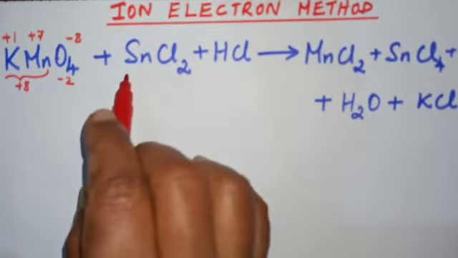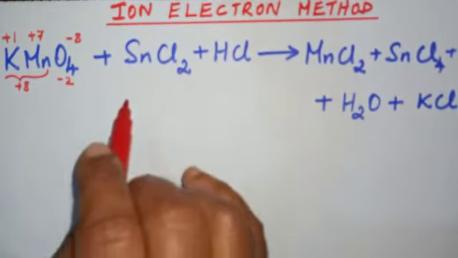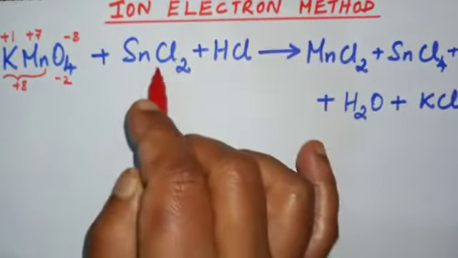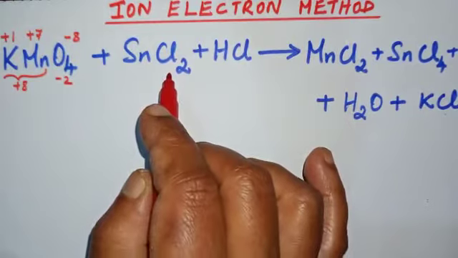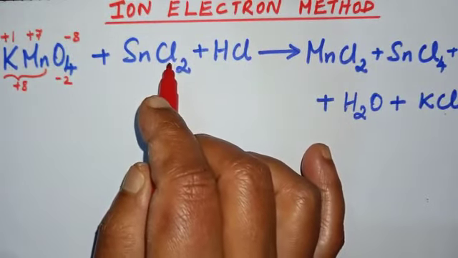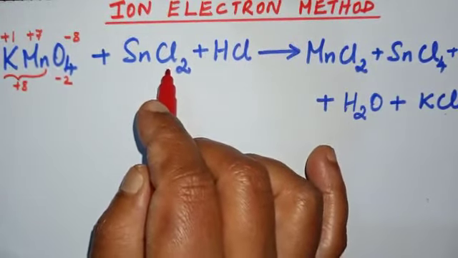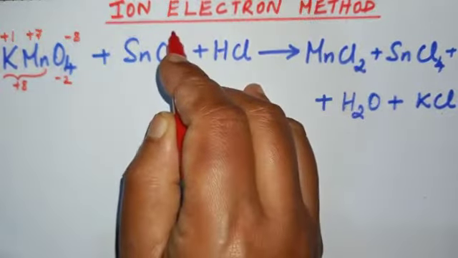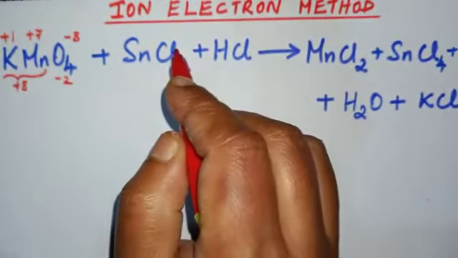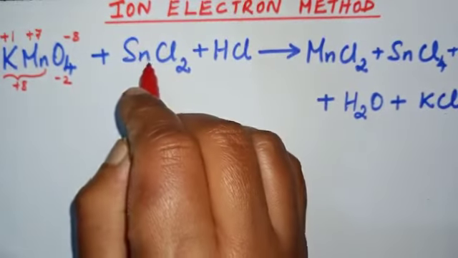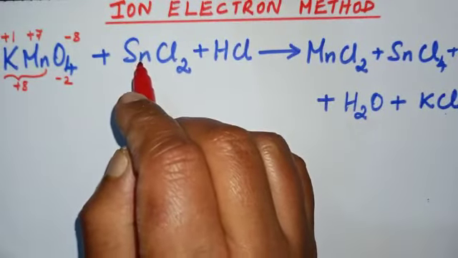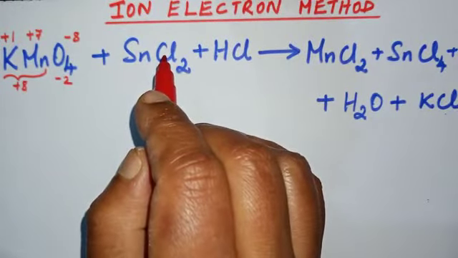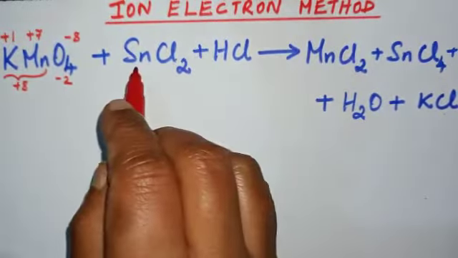Now in SnCl2, tin chloride, here tin and chlorine are present. A molecule which has the same element, like diatomic chlorine, has oxidation number 0. Here chlorine is -1. Now for tin also we have to find the oxidation number. I will tell you a simple method to find it.